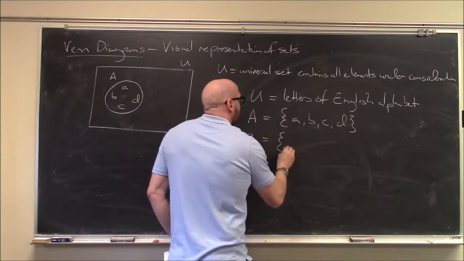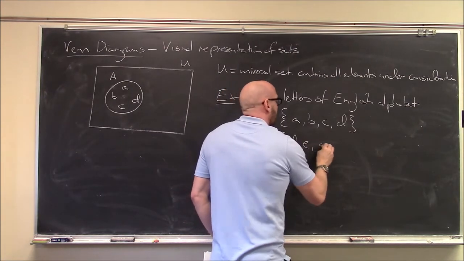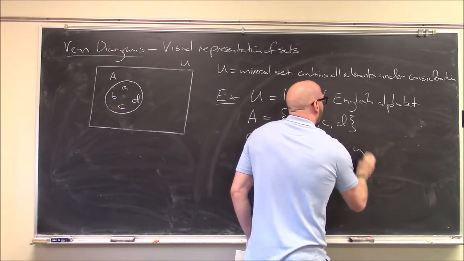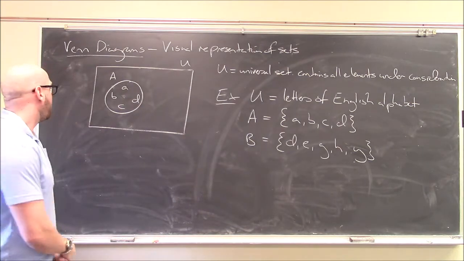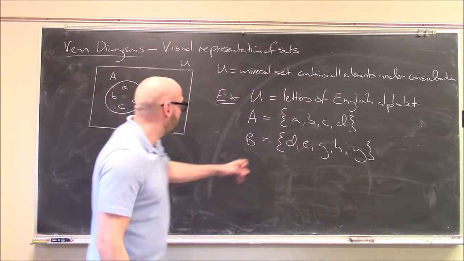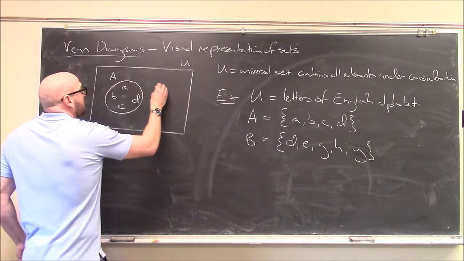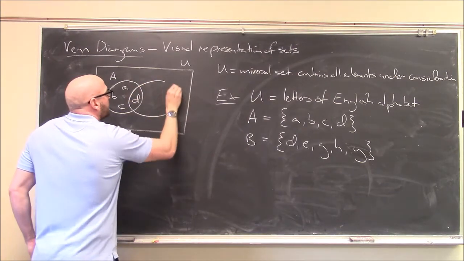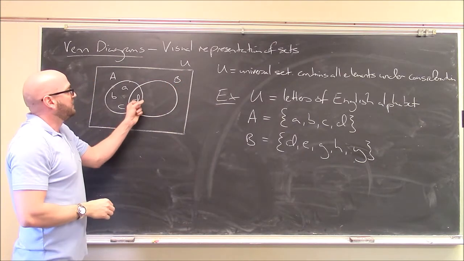Set B, which will consist of the elements D, E, G, H, and how about we go with Y. Okay, so I've got another set here, B, and you'll notice that D is in both of these sets, and D is an element of A and B. So A and B overlap somehow. They overlap in the sense that they both contain this element D.